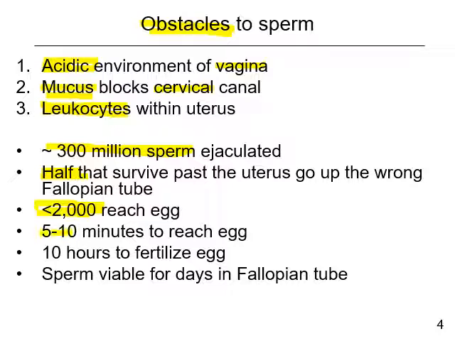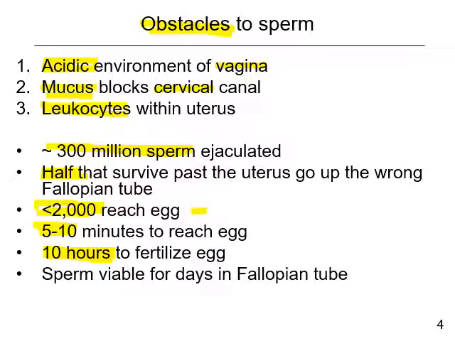It takes them about 10 minutes from ejaculation to get up the fallopian tube and reach the egg if it is there, ready to be fertilized. But then it takes about 10 hours for those 2,000 sperm that get to the oocyte to fertilize the egg.